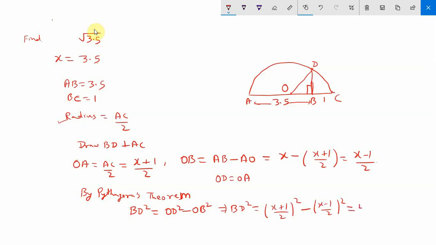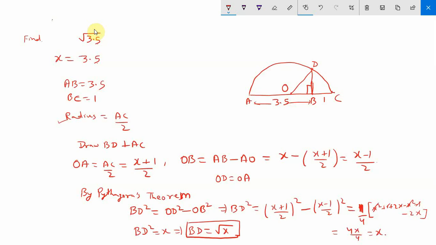We expand this and take 1 by 4 common: x square plus 1 plus 2x minus x square minus 1 plus 2x. The x square cancels, 1 cancels, and we get 4x by 4, which is equal to x. So BD square equal to x, or BD equal to root x. So geometrically we can find under root x, and if x equal to 3.5, we can find under root 3.5 using geometrical measurement.